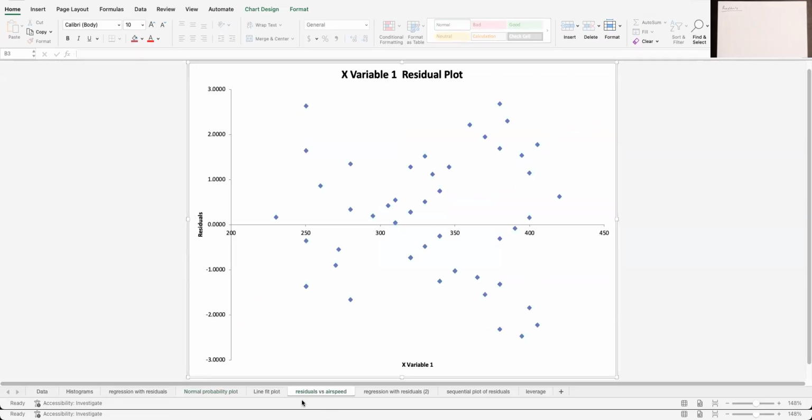I can actually look at the residuals themselves. Here are the actual residuals across all of my data values. Those are the X values across the X axis here. The residuals are at the top and bottom, scattered across. If noise in the airplane, in the cockpit, was related to speed, I should expect the faster we go, the louder it gets.